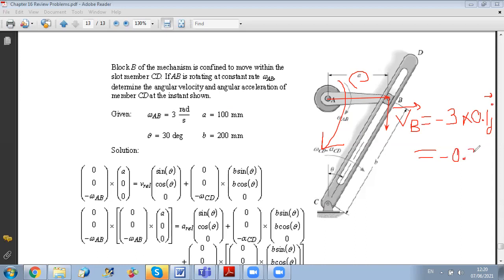And once I find the absolute velocity of B, I can now use it to correlate with the rotating rod CD. So now I will write the following.